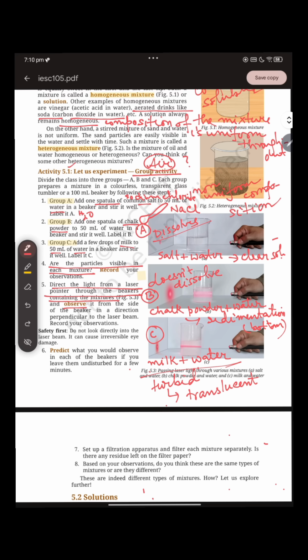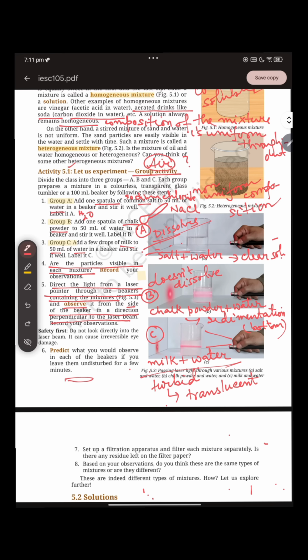So what happens is, when you pass a light, you direct a light at this beaker with the help of a laser pointer. Then what will you observe? Observe it from the side of the beaker in a direction perpendicular to the laser beam.